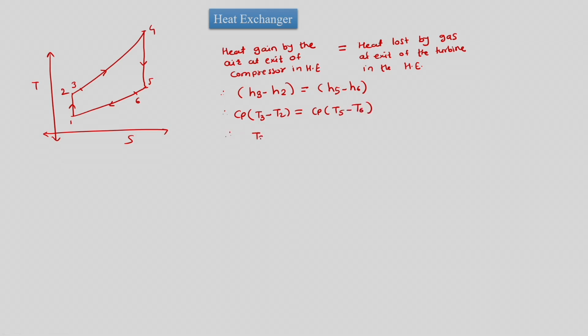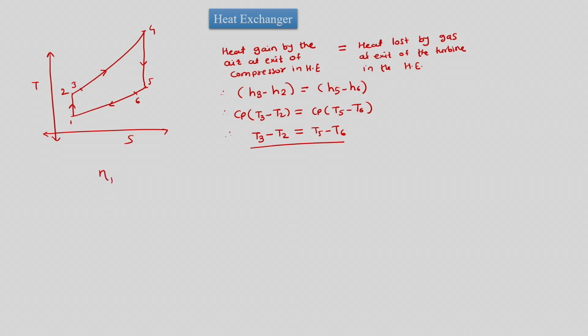So, practically we will get T3 minus T2 is equal to T5 minus T6. So, this is the balance of heat equation in the heat exchanger.